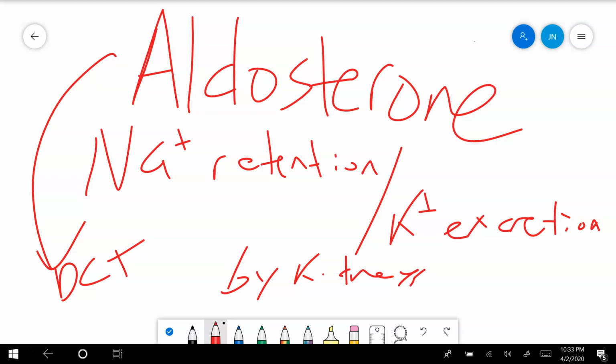So that's aldosterone. Triggers for aldosterone release include angiotensin 2 and hyperkalemia. If the potassium level of your blood goes up, your adrenal gland is going to release aldosterone, and the aldosterone is going to cause you to get rid of that potassium.